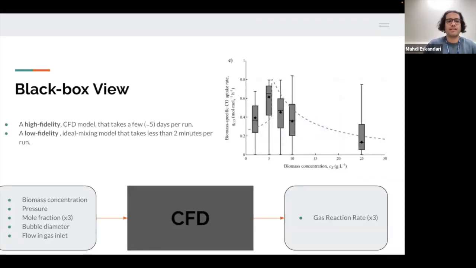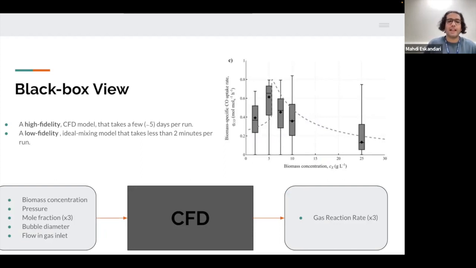As a black box view, the inputs of the model are the biomass concentration, the pressure in Pascal, the mole fractions, which are 3 because we have 3 different gases as input, the bubble diameter, and the flow in the gas inlet.